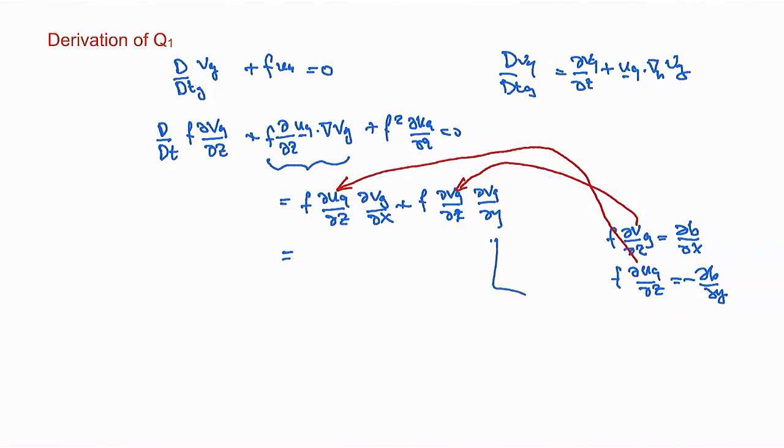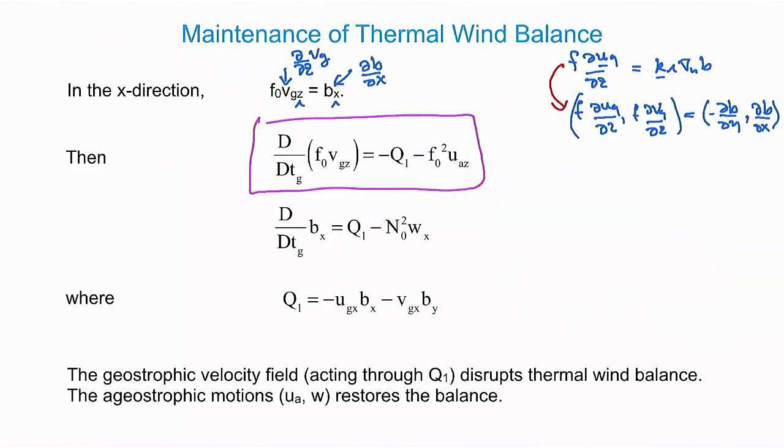And here, I'm going to use the result that dug/dx equals minus dvg/dy. Do that, dot, dot, dot, and we get this expression. D by dt of the shear of the v component of the wind is Q1, where Q1 is that, and then there's this other term.